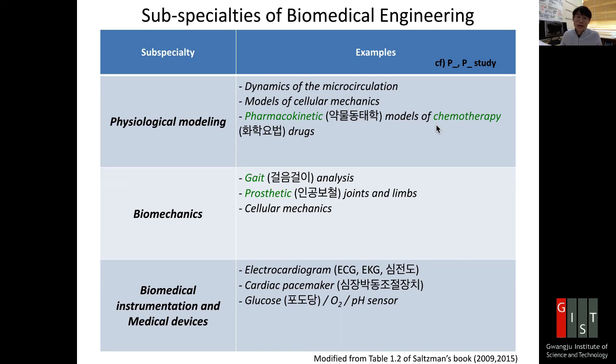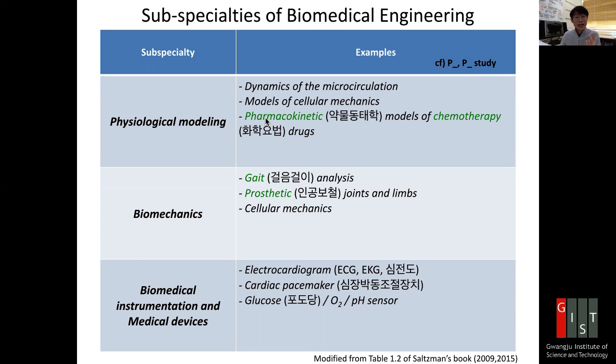Then, many times we see this anti-cancer drug doesn't work for this patient. Then we have to think about what happens. Let's say first, does the drug intake get into the diseased area effectively enough or not? So here we call it a PK or PD study, pharmacokinetics or pharmacodynamics.